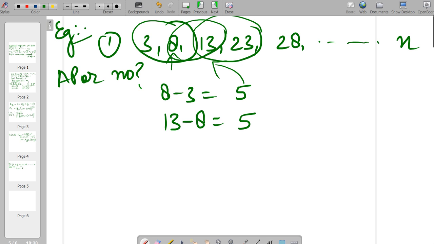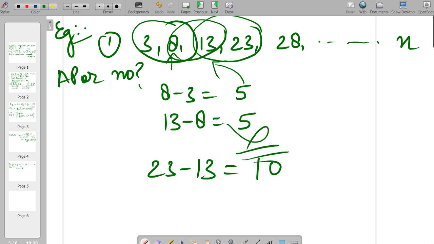How much is it? 23 minus 13 will give you 10. Does this series belong to an AP? No, because in the first two cases you are getting the common difference as 5, but in the third set you are getting a different value that is equal to 10. That means this series is not from the arithmetic progression.